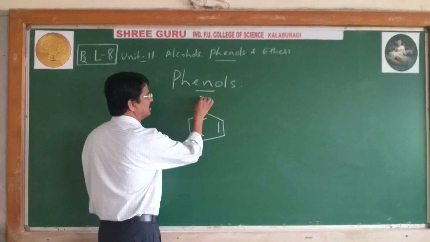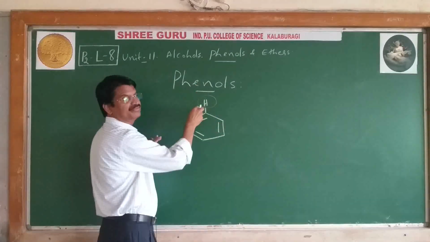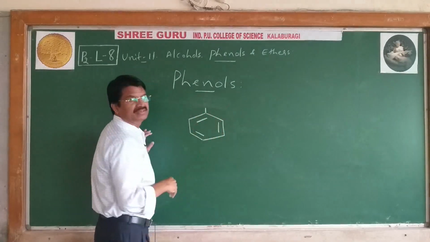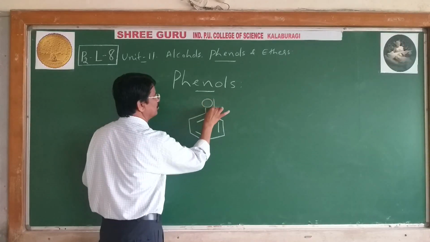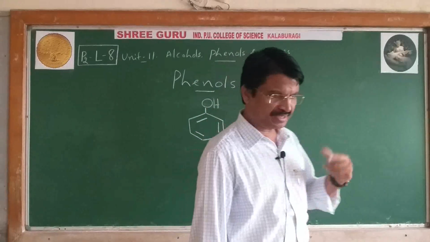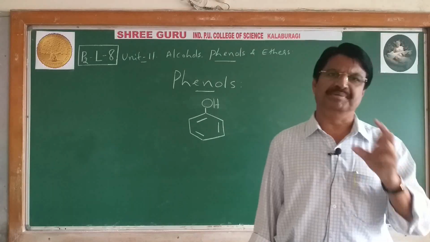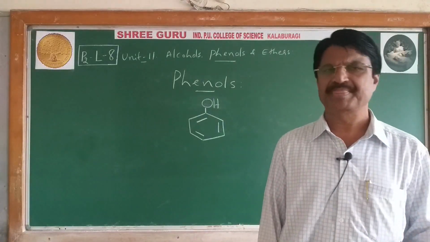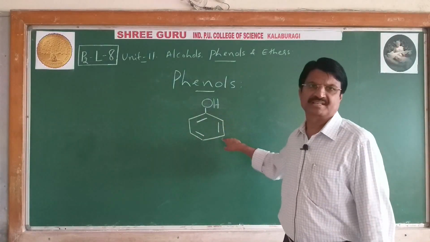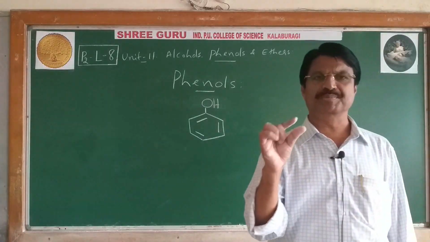If a hydrogen atom of the aromatic ring is replaced by a hydroxyl group. There are aromatic hydrocarbons like benzene, naphthalene, anthracene, phenanthrene etc., but they have benzene rings. But if an H atom of the benzene ring is replaced by a hydroxyl group, then only the molecule is said to be phenol.